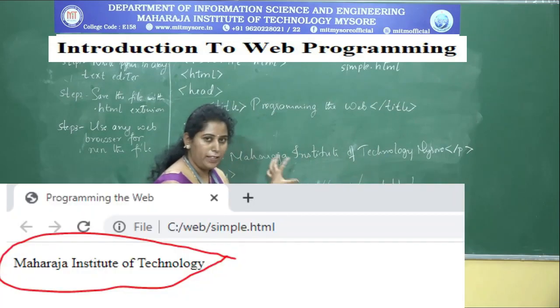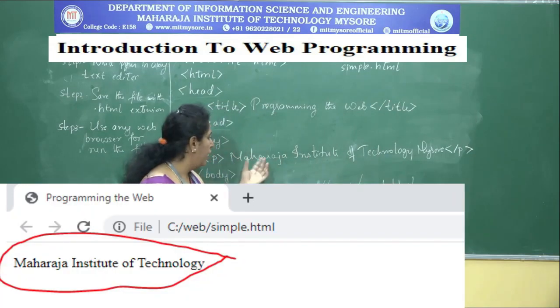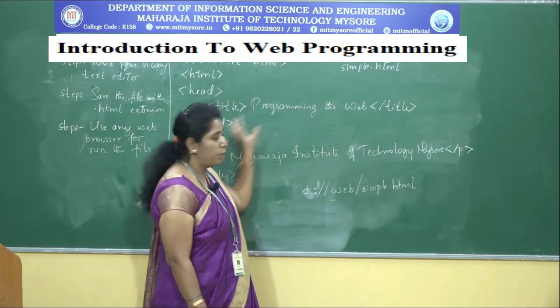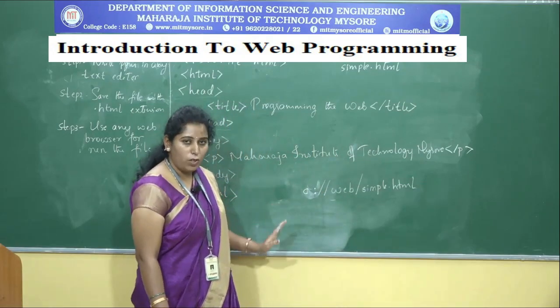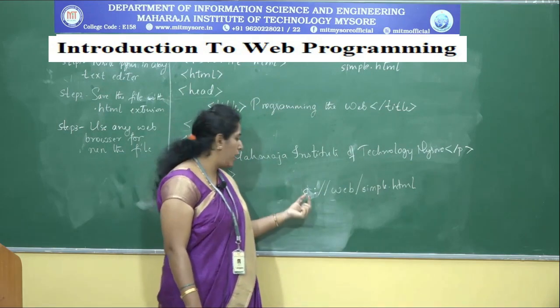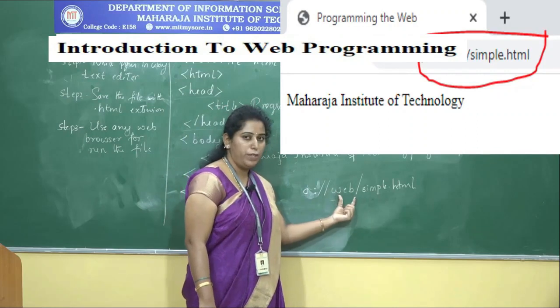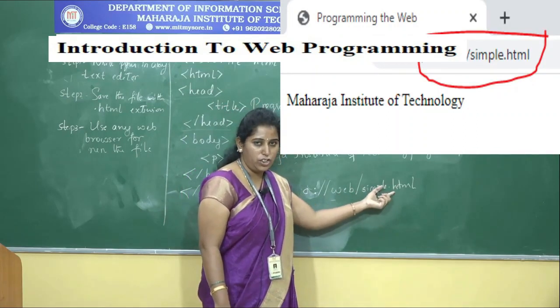In the body part, in the text area of the output screen, this message is going to be displayed, and this program is running on the local host. That is why the URL will be like this: C drive, web directory, simple.html.